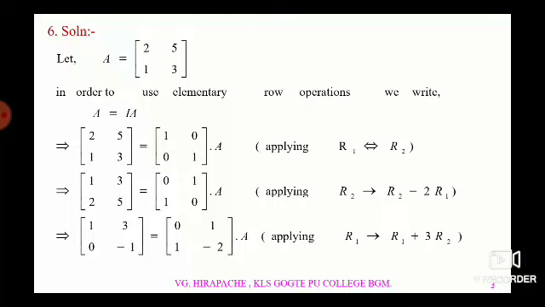Meaning is, our left hand side matrix you have to convert into the unit matrix 1, 0, 0, 1. In such case, our first row first element should be 1.